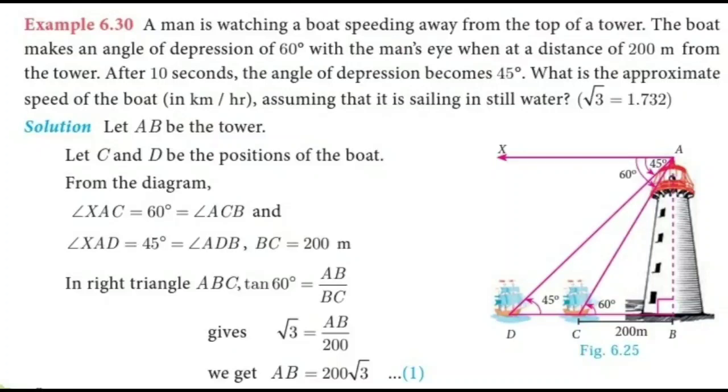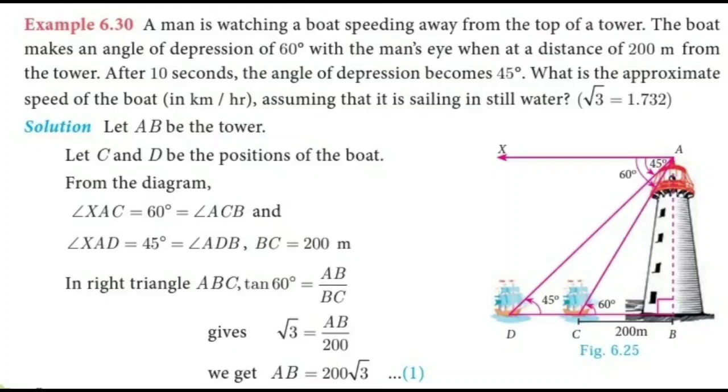Let AB be the height of the tower and let C and D be the positions of the boat. From the diagram, given BC is equal to 200 meter, angle XAC is equal to 60 degree.